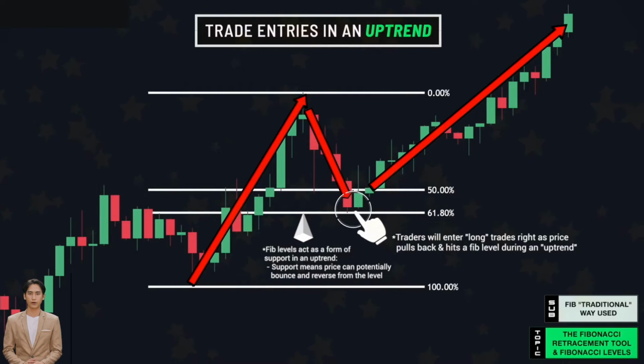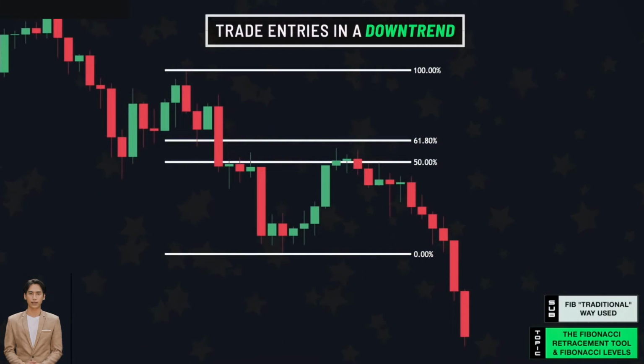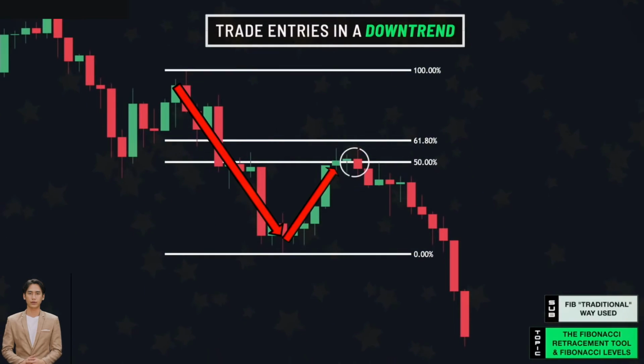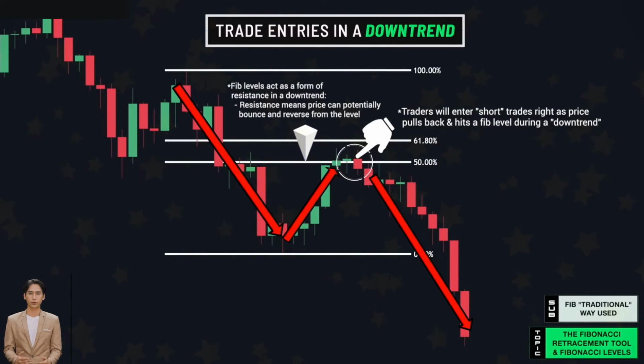And again, support levels are areas where price can potentially bounce and reverse from. Going the other way, in a downtrend, when price pulls back to these fib levels, traders will enter trades short when price hits these Fibonacci retracement levels, because Fibonacci levels act as a form of resistance in a downtrend. And again, resistance levels are areas where price can potentially bounce and reverse from.